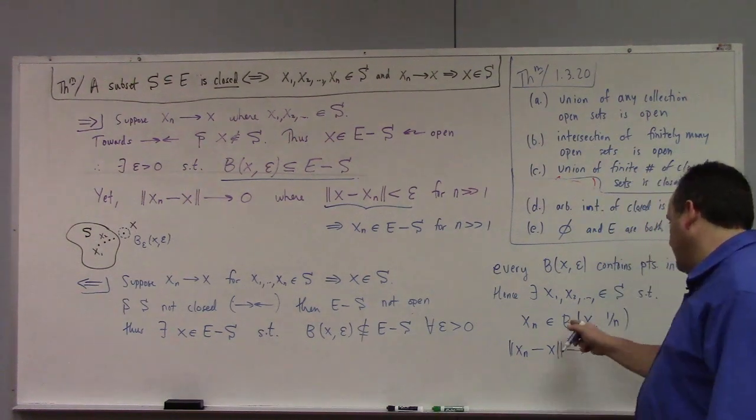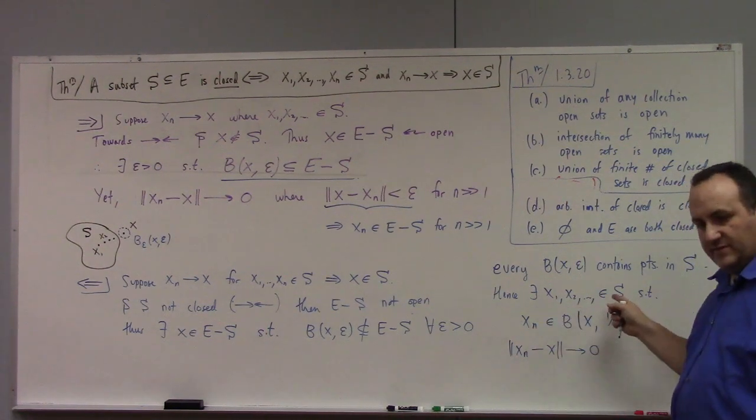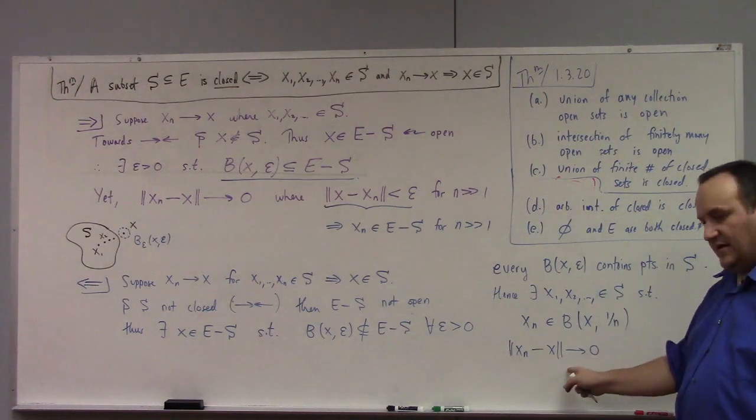Because as n goes to infinity, that shrinks to just the point. So what do we have then? We've got a sequence which converges to x. So in other words, we have a sequence in S which converges to x.